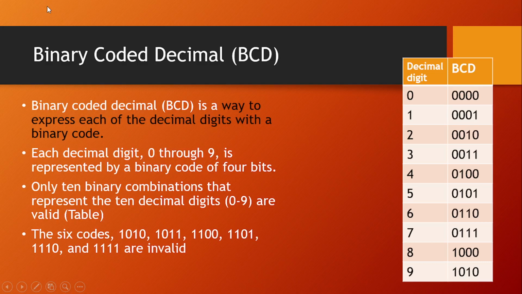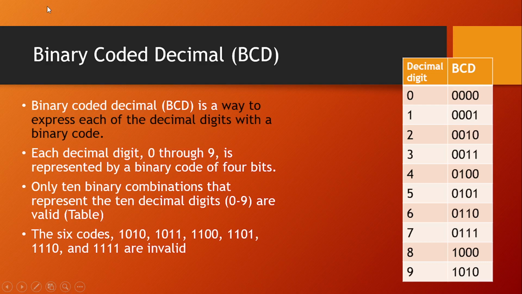So as far as binary coded decimals or BCDs are concerned, these 6 codes do not exist, and these are called invalid codes. So the valid codes are only 10 codes as shown in this table, and the remaining 6 codes, that is 1010, 1011, 1100, 1101, 1110 and 1111 are invalid BCD codes.